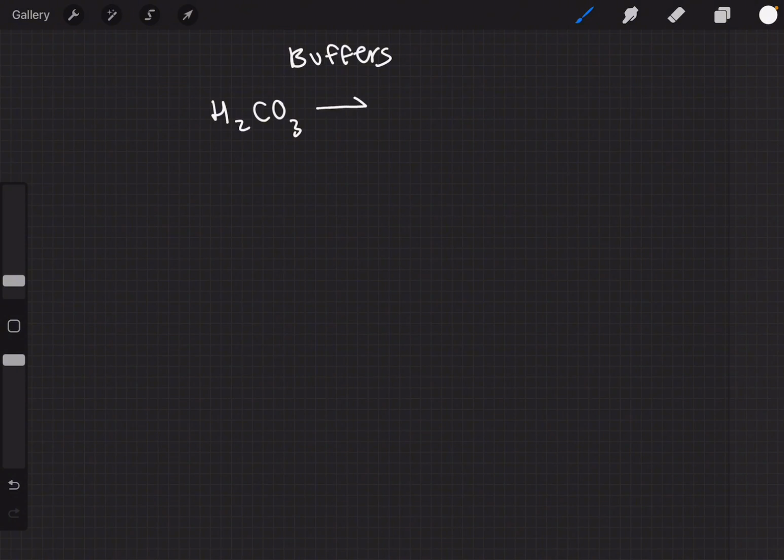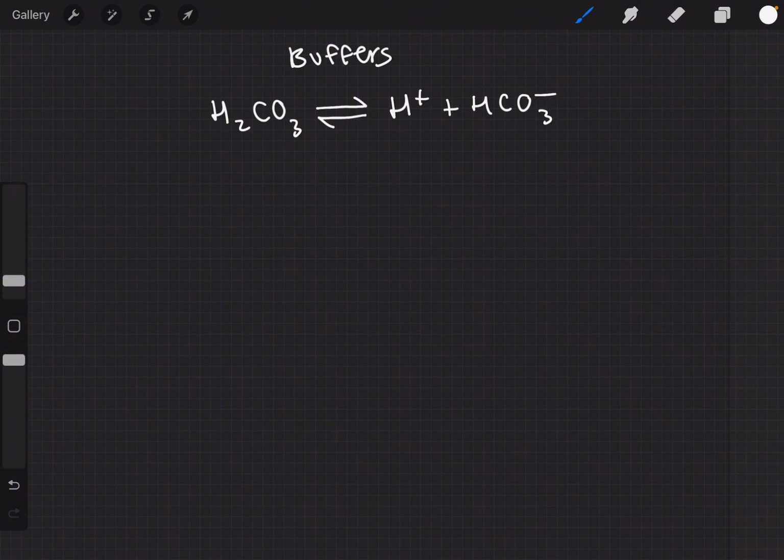And we know that if we have a weak acid or a weak base, the forward and reverse reactions are happening. This means that the weak acid is not being completely ionized.